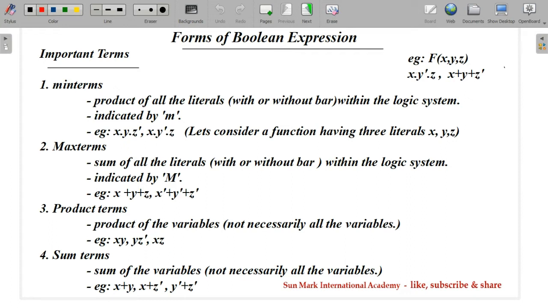The second example, y z dash, in which x is missing, and the third example, x z, where y is missing. So it is not compulsory to include all the variables in product terms. The same goes for sum terms, which means the sum of the variables, not necessarily all the variables included. Here are some examples like x plus y, x plus z dash, y dash plus z dash.